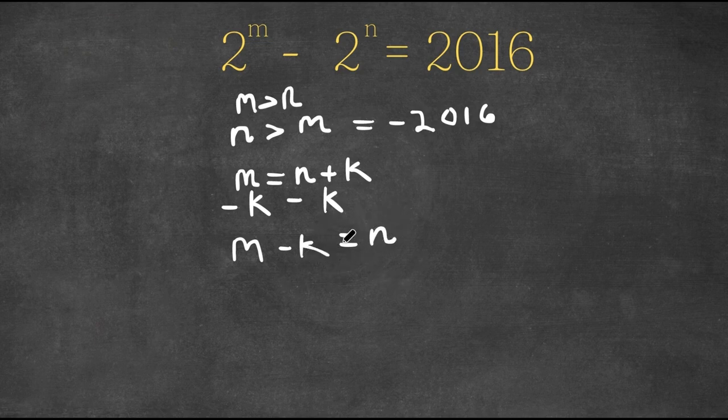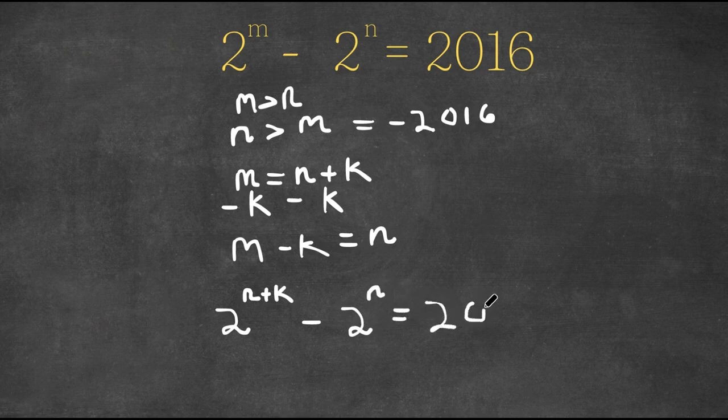Now I'm going to replace m with n plus k. So now we have 2 to the power of n plus k minus 2 to the power of n is equal to 2016.